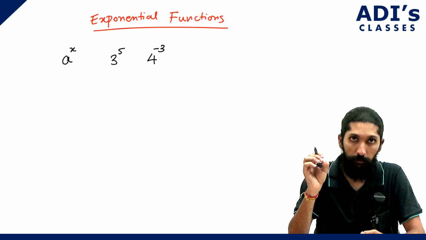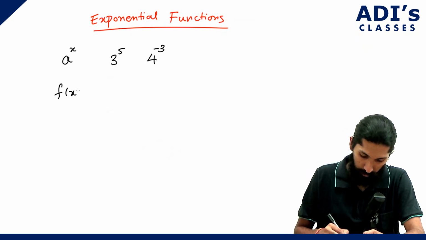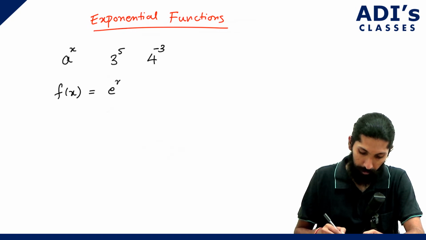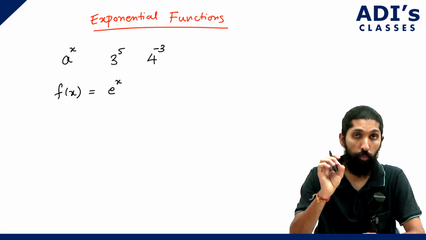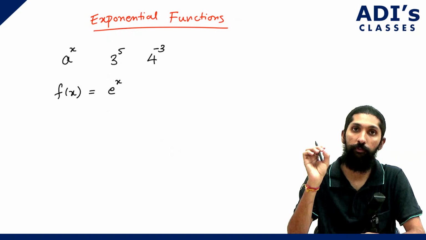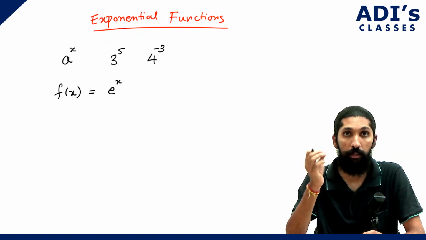An exponential function can be defined as f of x is equal to e to the power of some variable x. Now, e to the power of x is one type of exponential function. Now, e is a particular number.